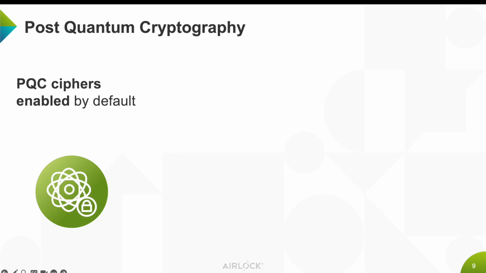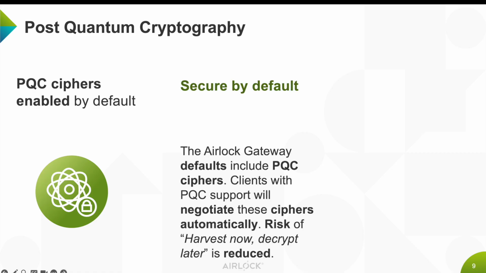As mentioned in my previous slide, post-quantum cryptography algorithms are now available to all our gateway customers. We follow the principle of secure by default, which is why these new ciphers are enabled in Airlock Gateway. These new ciphers will be negotiated automatically if a client supports them.